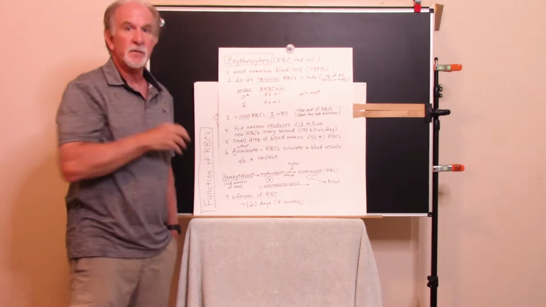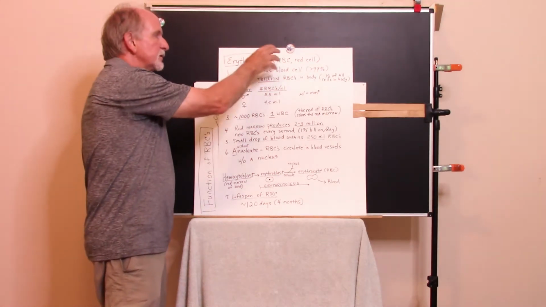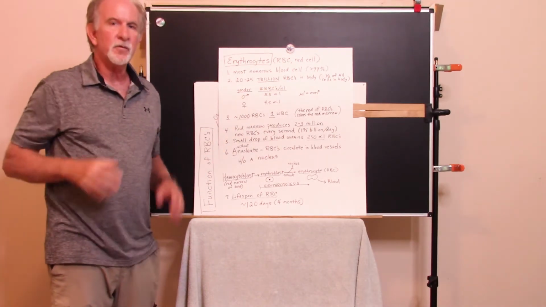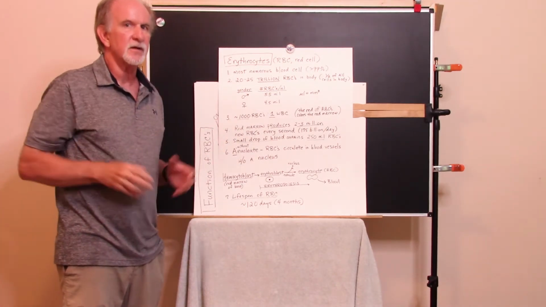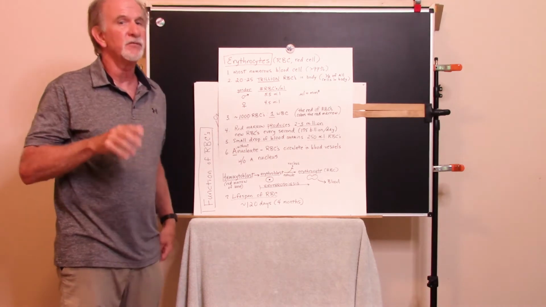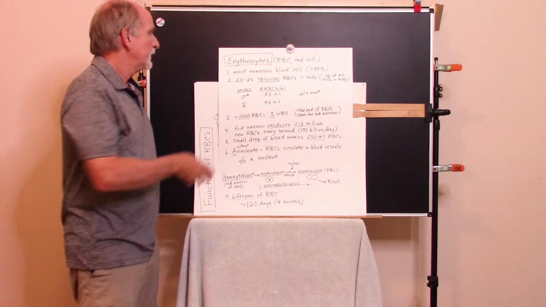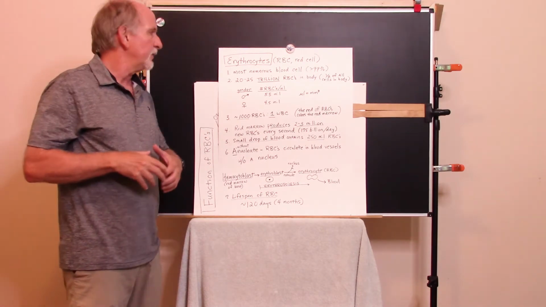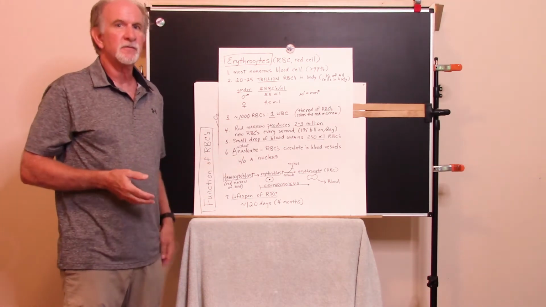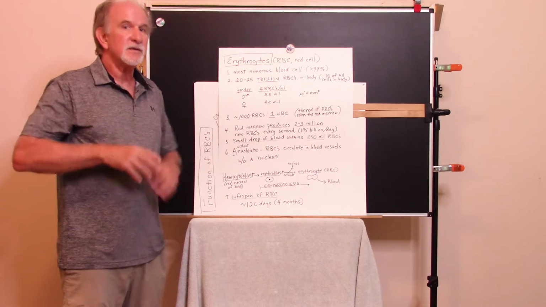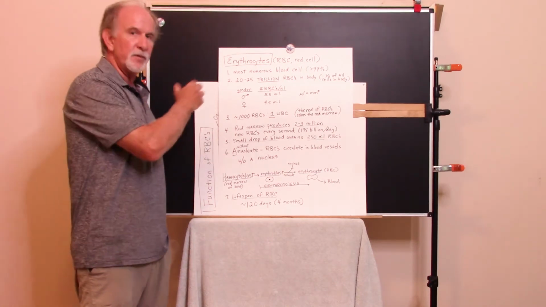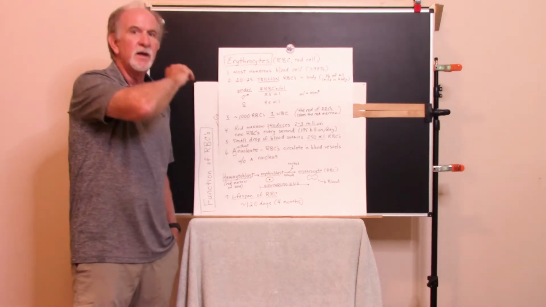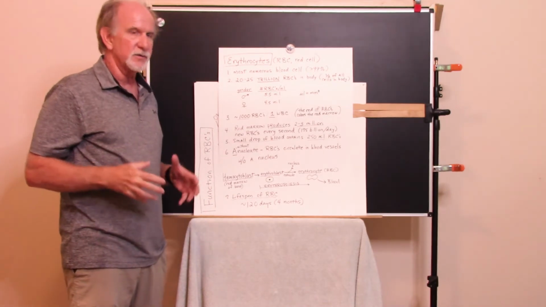The red blood cells by far are the most numerous blood cell and account for 99% of all blood cells. Actually, it's even more than 99%. Within the body, there are 20 to 25 trillion red blood cells, and that's a staggering number. In fact, red blood cells account for somewhere around half of all the cells in the body.